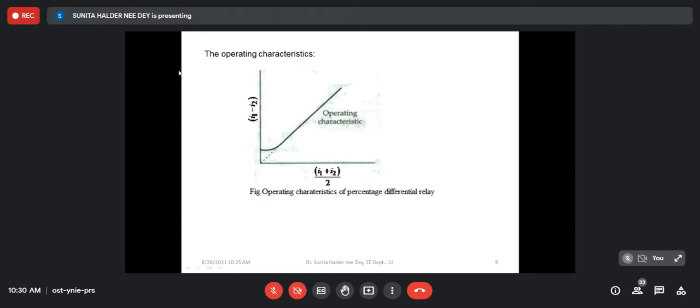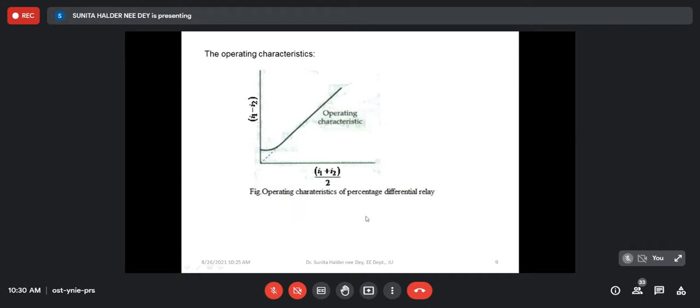So this nonlinearity came because here both the controlling torque of the spring as well as the restraining torque are operating. But when it goes beyond a certain value, the spring torque is negligible as compared to the restraining torque. Then the characteristics become linear.